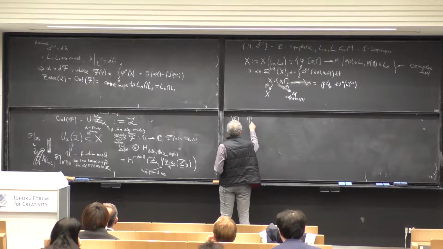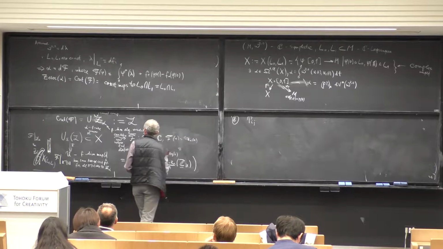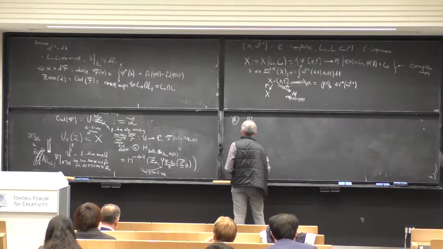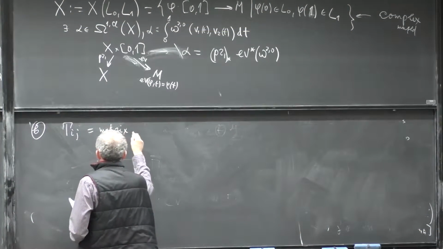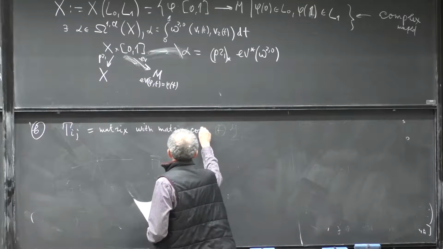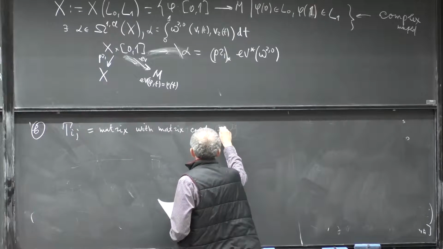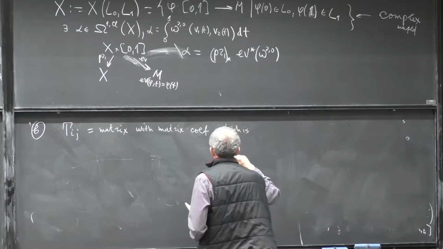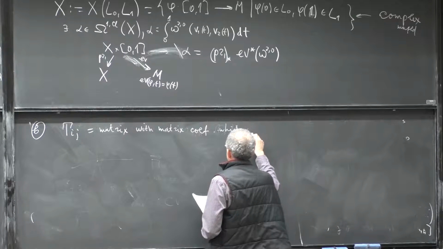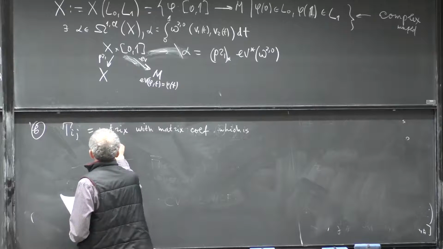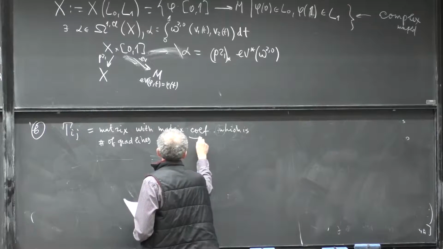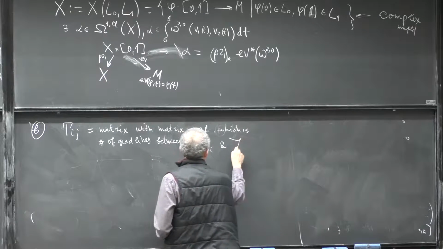And secondly, this matrix T_ij, which appears when we cross the wall, is a matrix with matrix coefficients which is, by analogy with what we discussed, a number of gradient lines between two connected components.